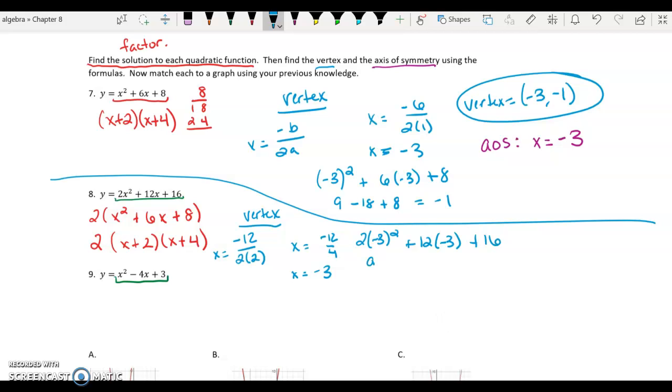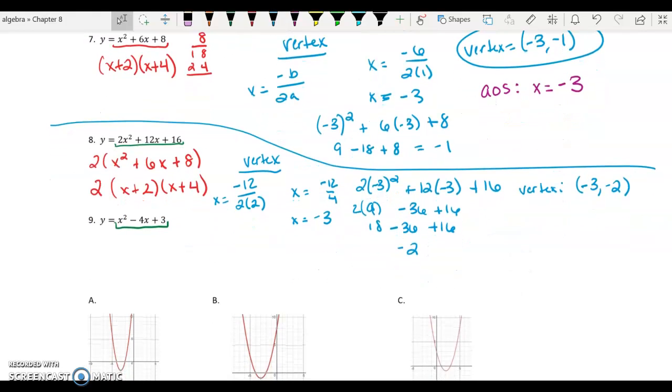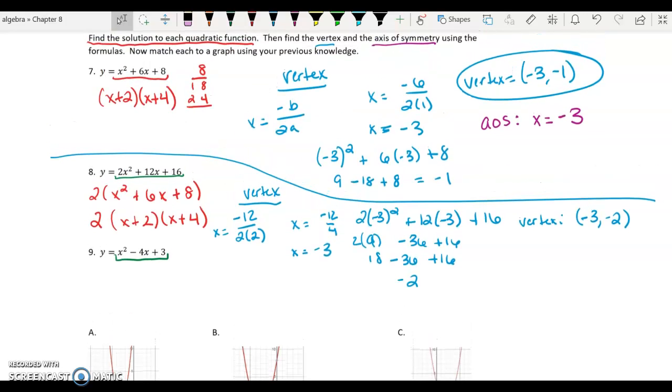So I get 9 times 2, which is 18, minus 36 plus 16, which is negative 2. So my vertex should be negative 3, negative 2, which means my axis of symmetry is x equals negative 3.